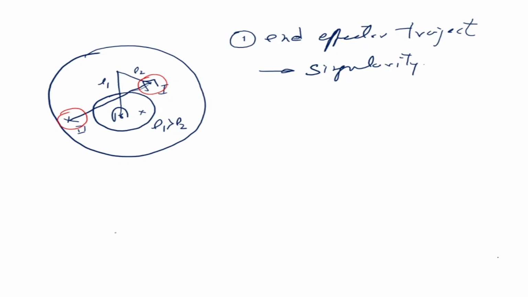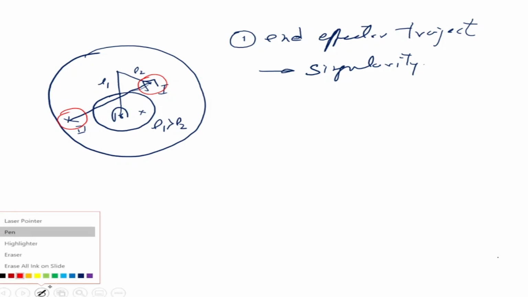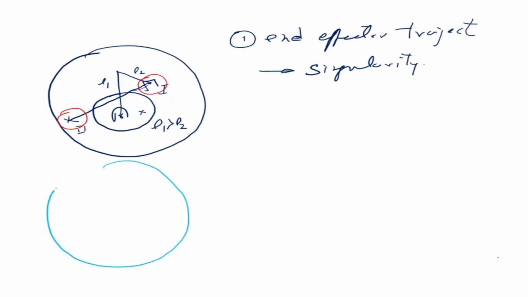The second is, if we are having a manipulator which is like this, so it is following a path, and on one side it is like this and the other side it is like that. Okay, so you can very well understand that there is some kind of inversion taking place here. Okay, so here also it is like this.